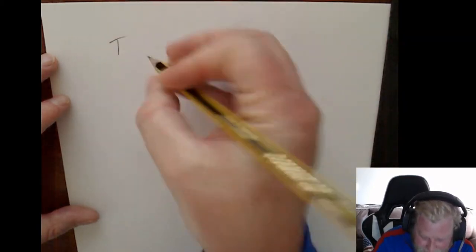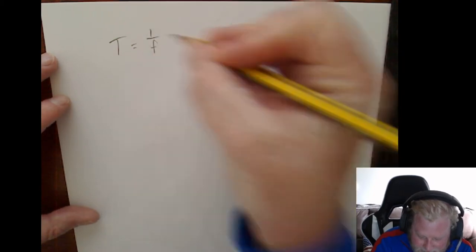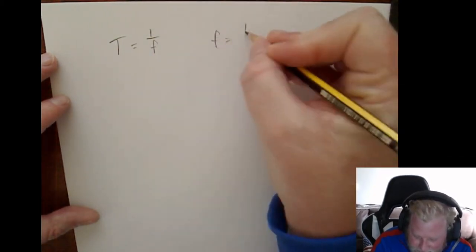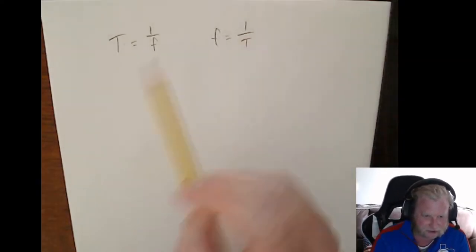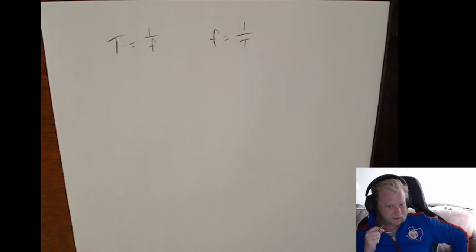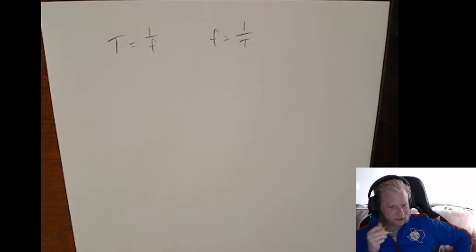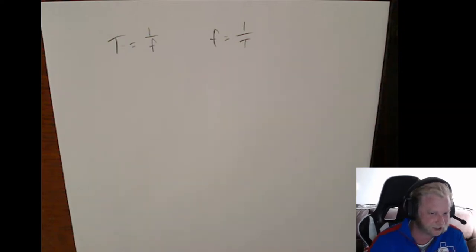And your period, designated by a capital T, is equal to 1 over your frequency, and your frequency is equal to 1 over your period. So notice that your period and your frequency have an inverse relationship. Now, the period is the amount of time it takes to complete one full cycle, and so that's going to be measured in seconds. Whereas the frequency is how many cycles occur per second, and that's going to be measured in hertz.